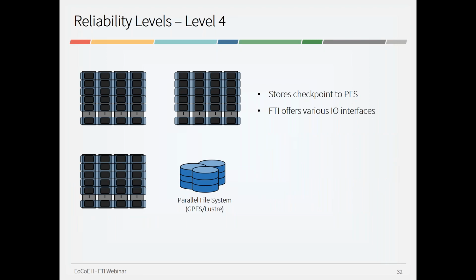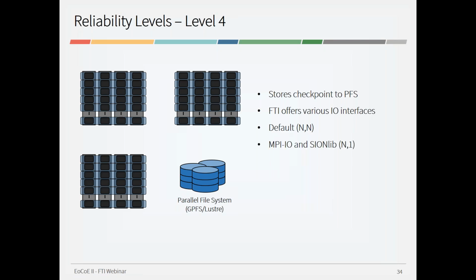And finally, level 4, storing all the data globally on the parallel file system. We have different modes on this level here. So we have the default mode, which just stores the data end to end and produces N files.